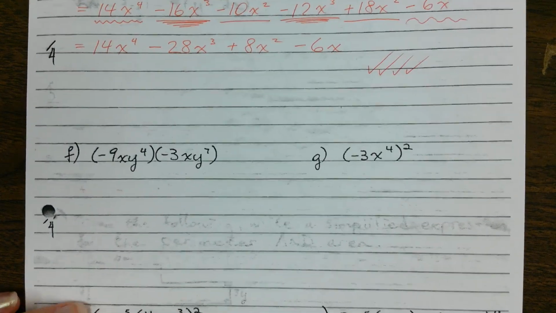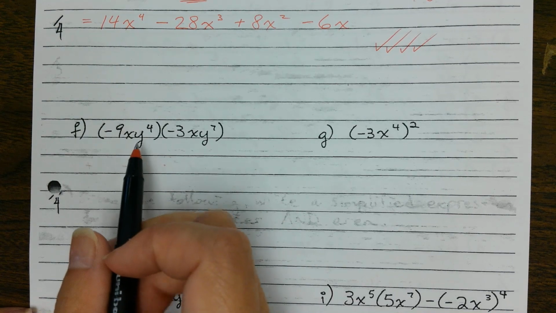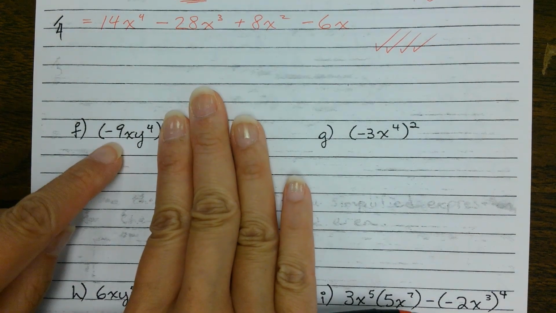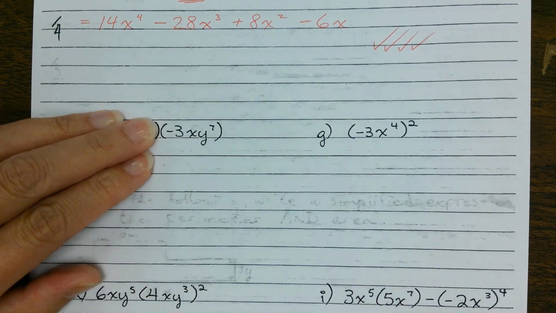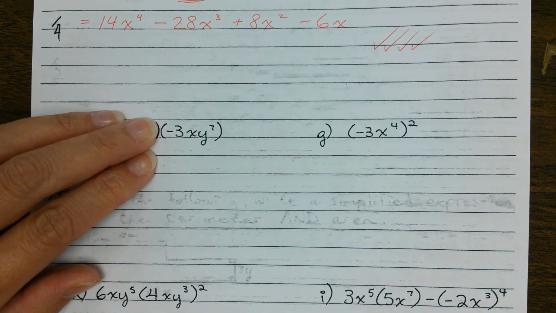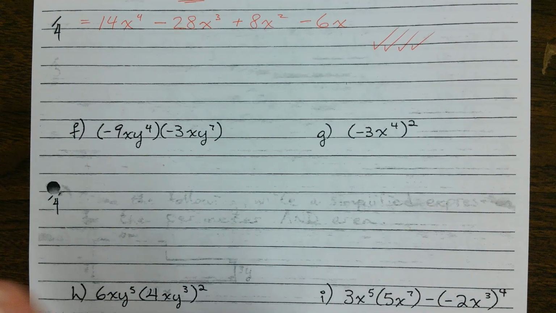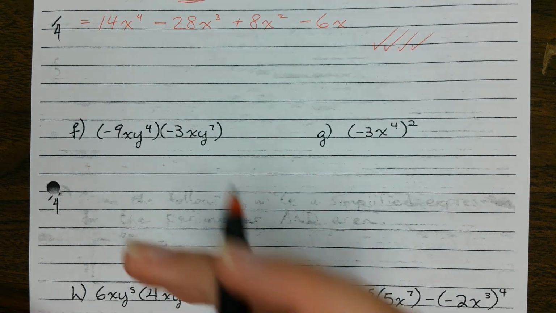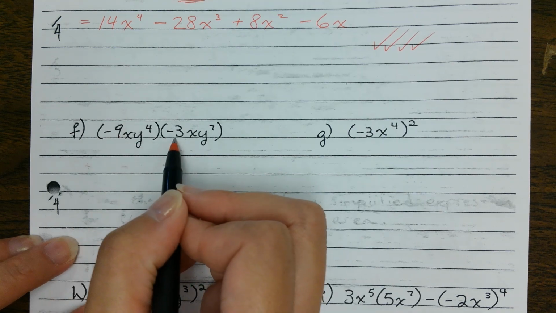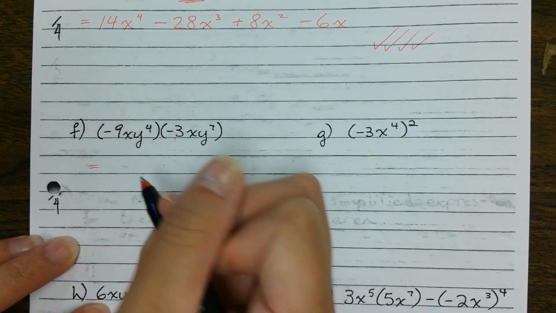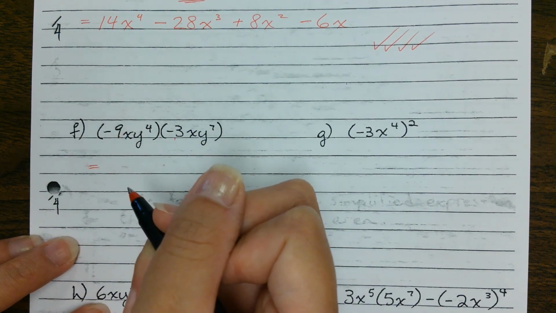Okay. F. Okay. Is this a monomial, trinomial? What is this? And this? Yeah, it's just a monomial times a monomial. So you're multiplying the coefficients together. Negative 9 times negative 3? Positive what?